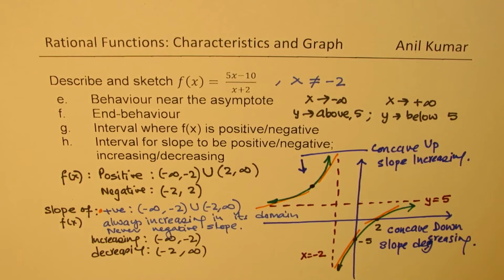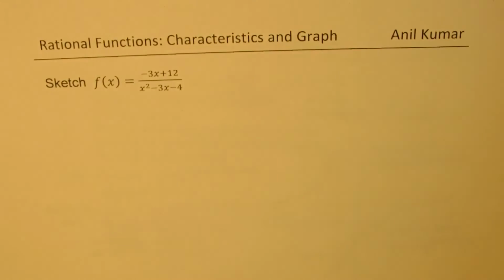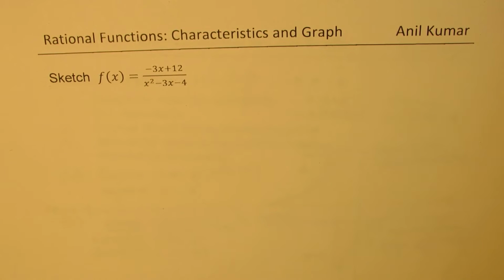Do you see that? Those give you critical parameters to really define the graph and also its characteristics. I hope it makes sense. We'll take up another example on sketching, which will be kind of like this. I'd like you now to sketch the graph of the given function and describe this.